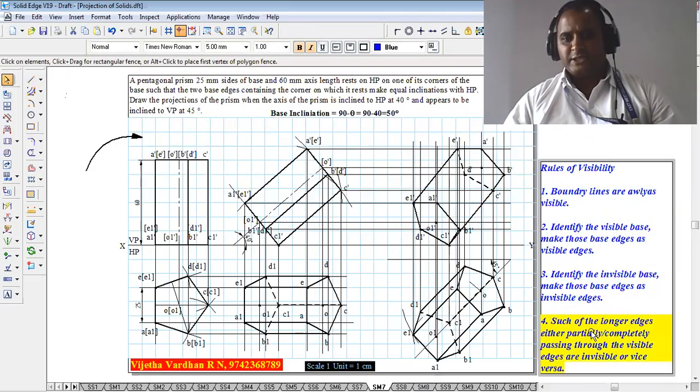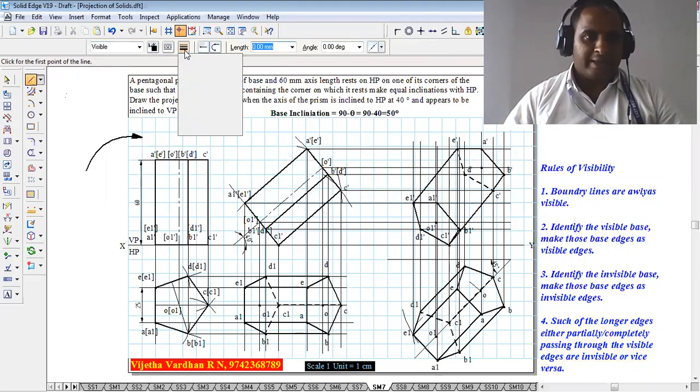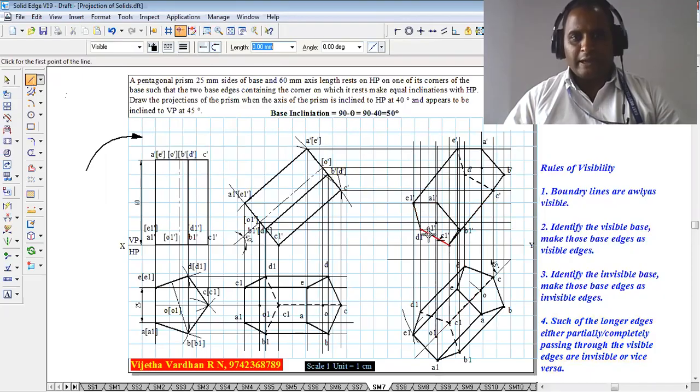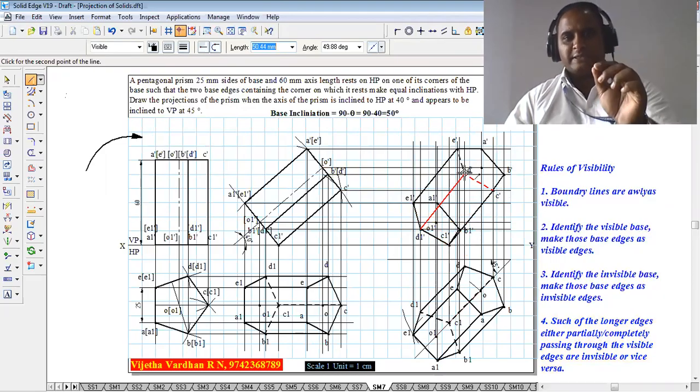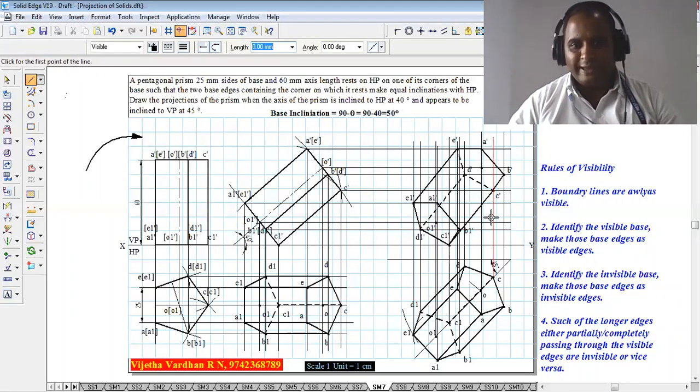Then such of the longer edges either partially or completely passing through the visible base edges are always invisible and vice versa. What is the meaning of that? Using an HB pencil, keep the position of D dash and D1 dash. We can say it is partially passing inside the visible base. Hence, this longer edge must be shown as an invisible edge.